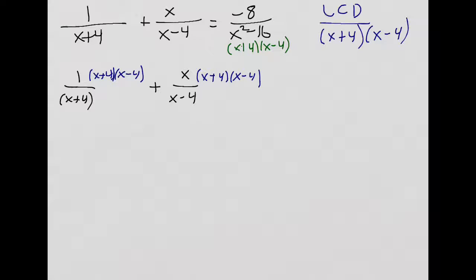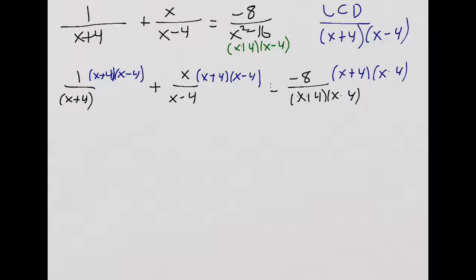Then we have our last term, negative 8 over x plus 4, x minus 4. And once again, same thing, we are going to multiply that by the LCD. Let's take a look at what happens here.